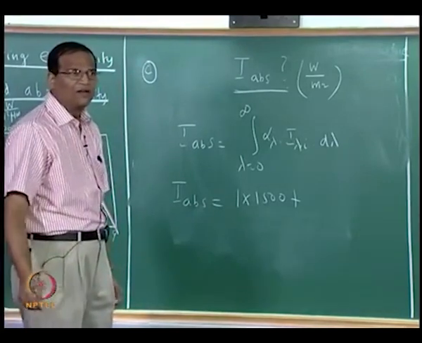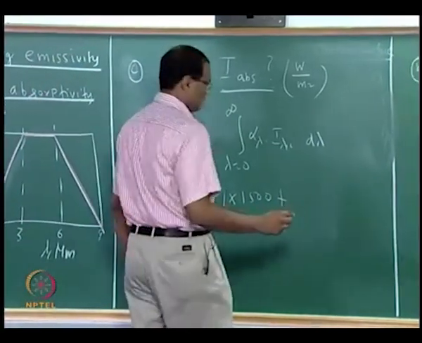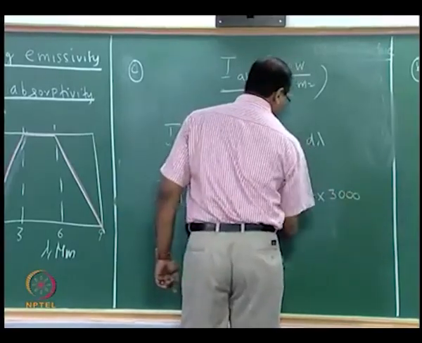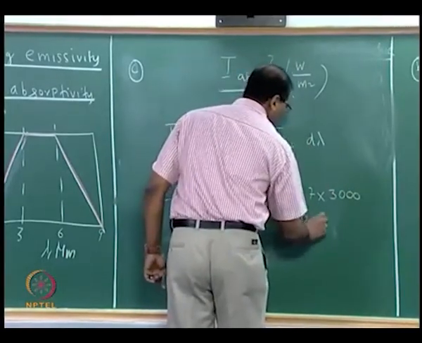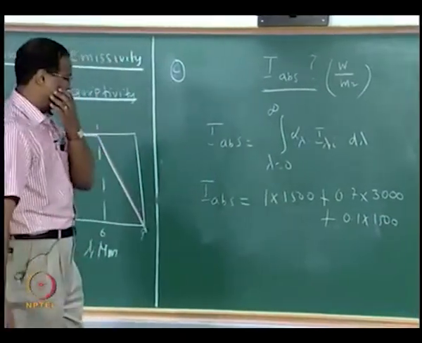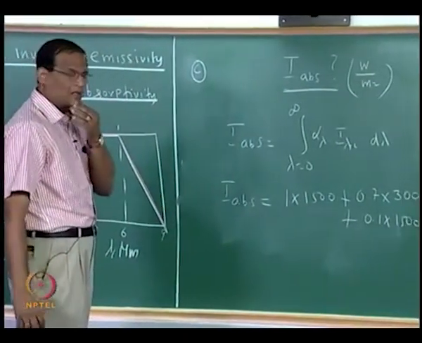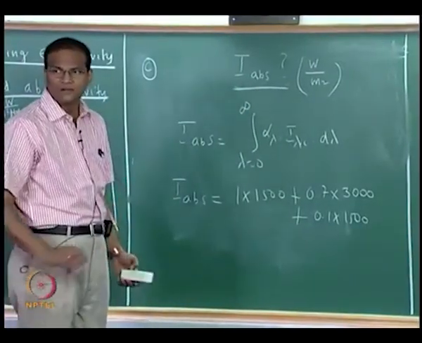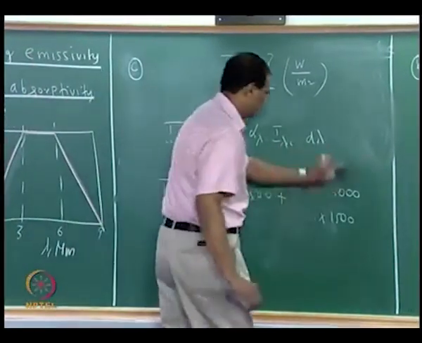Okay, 0.7 into 3000, plus 0.1. Sir, it is varying. Lambda varies. Alpha lambda varies. Then you have to do the integration. Yeah, okay.